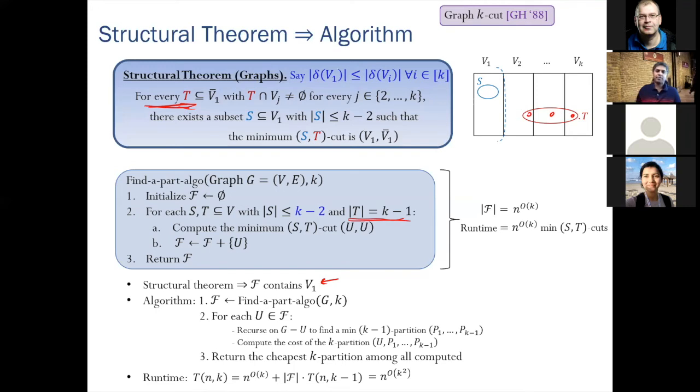Well, you'll have to throw in some tie-breaking rules. You'll have to pick a specific choice of the optimum, V1 through Vk, and you cannot take an arbitrary min ST cut. You will have to take a source maximal min ST cut. Thank you. I didn't want to throw in those extra tie-breaking rules, but it still holds. You can break ties, and there is a version of the structural theorem without those assumptions.